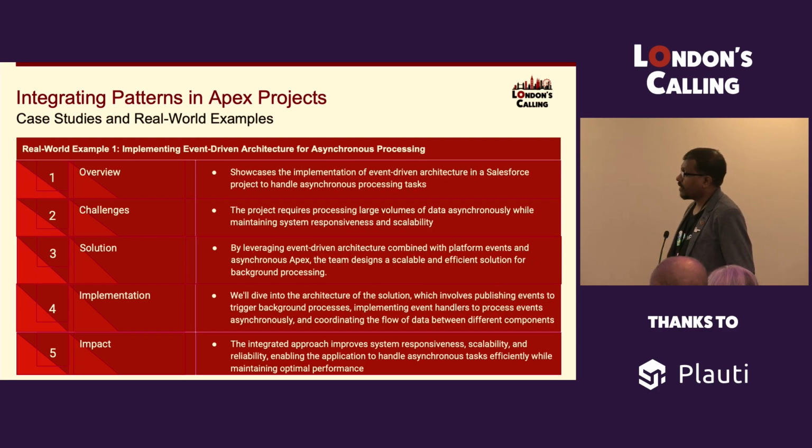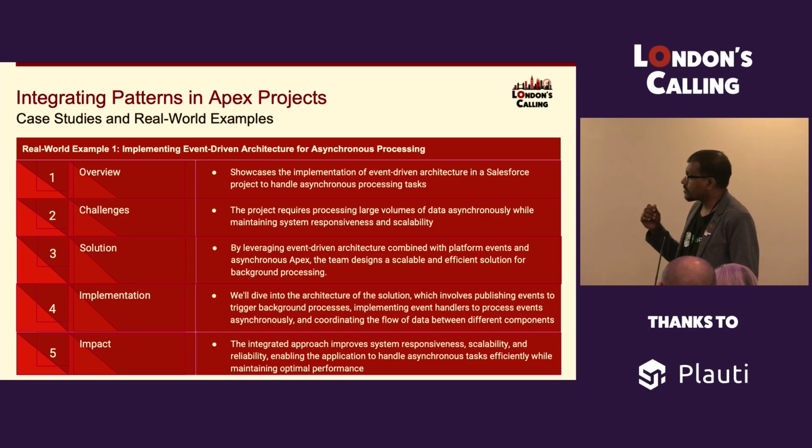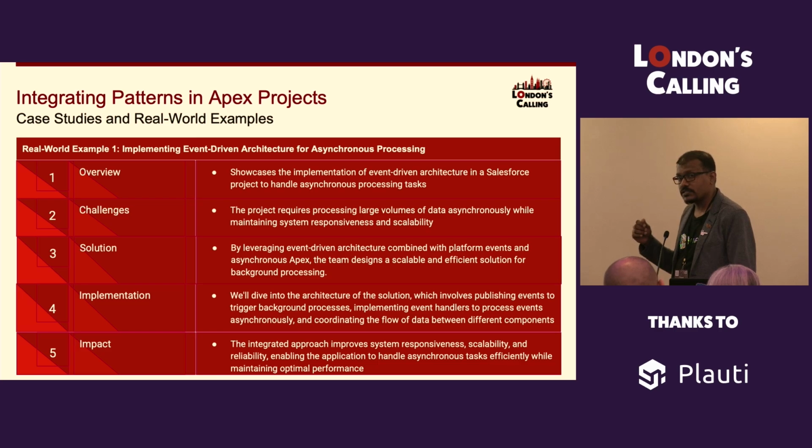We have one more example. The overview is to showcase the implementation of event-driven architecture in a Salesforce project to handle asynchronous processing tasks. The challenge is again that this needs to process a large volume of data asynchronously while maintaining system responsiveness and scalability.